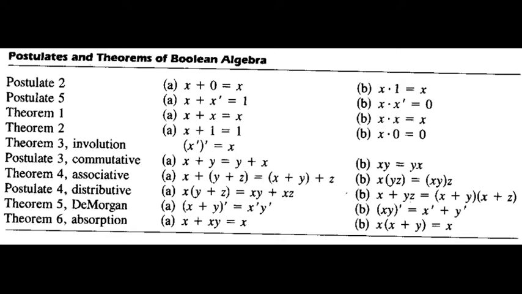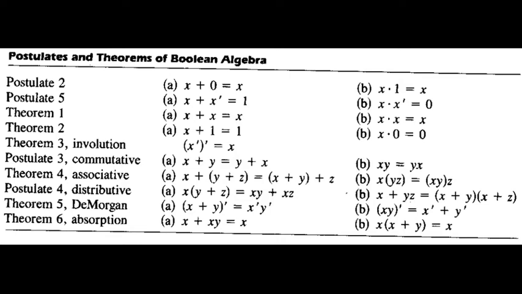The second expression in all cases can in fact be obtained by applying the duality principle on the first one. So before proving this part, let me explain what duality is. We can have a dual expression just by interchanging zeros and ones, and AND operation and OR operation.